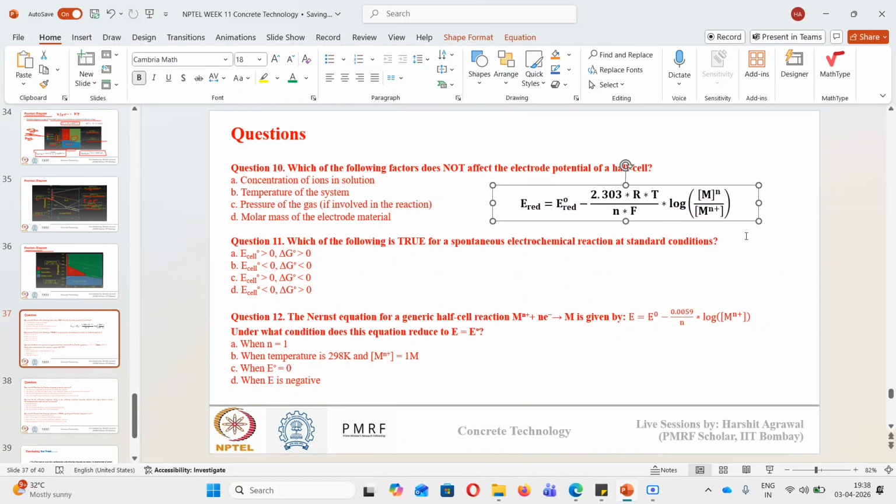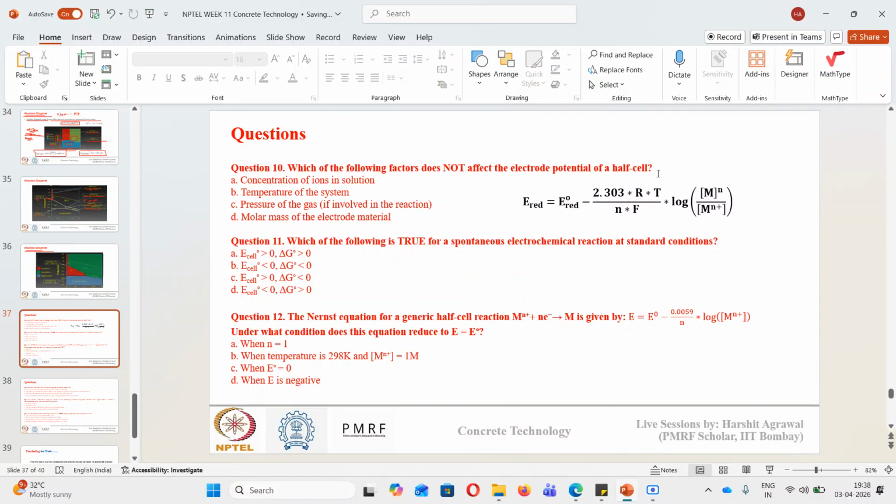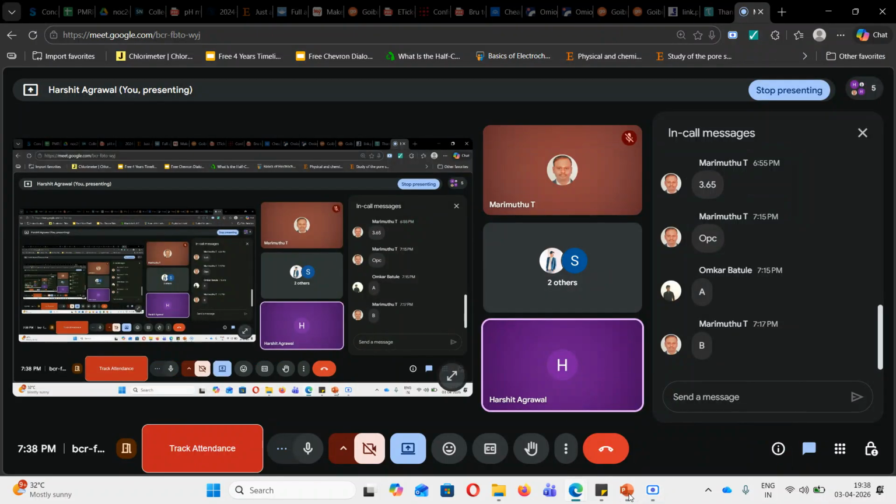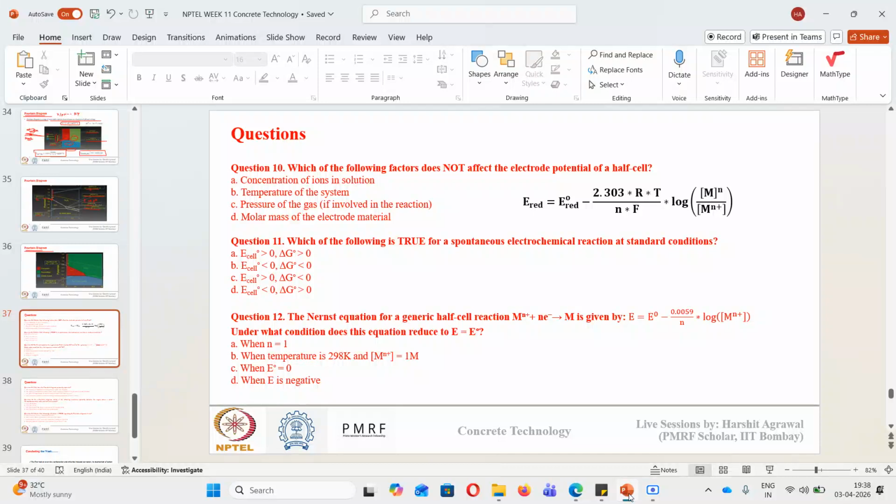This is the Nernst equation which we use to write the electrode potential for a half cell. So which factor won't affect this potential value? Any guesses?